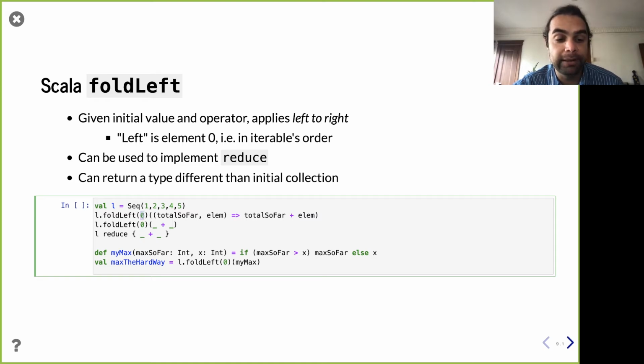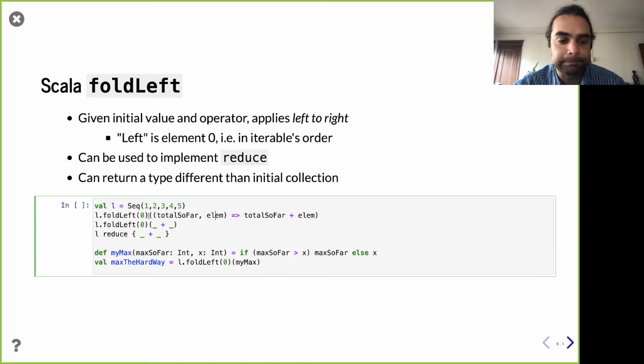It's more like the initial accumulation, or result, and then this function takes in that type and an element, and produces something else. Here we're doing fold left for summing. We have the total so far, and then we're given an element, and we add them together. I use these very verbose names to keep track of what's going on.